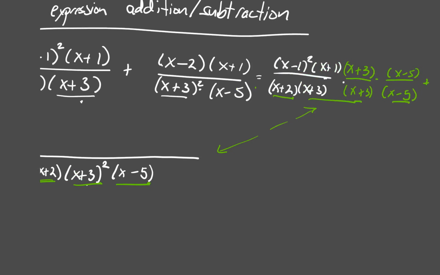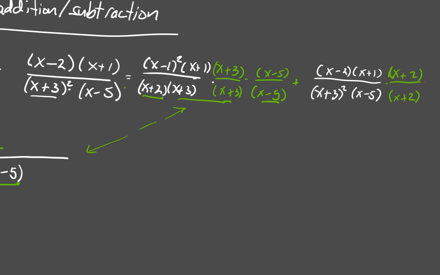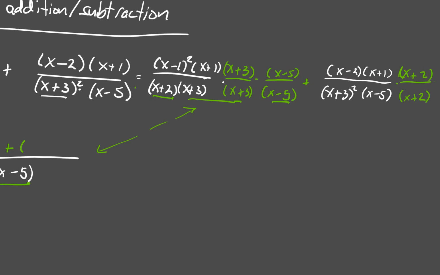So what this is going to look like as a fraction is x minus 1 squared, x plus 1, x plus 3, x minus 5, then my addition, and then these other three terms: x minus 2, x plus 1, x plus 2.